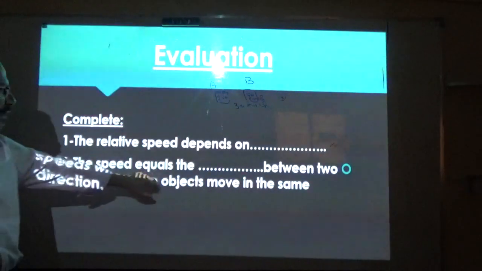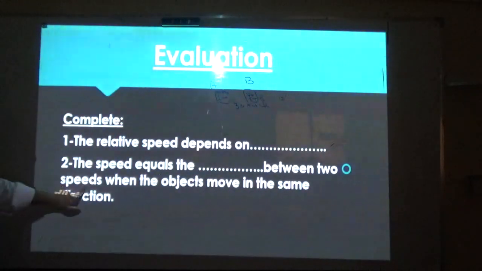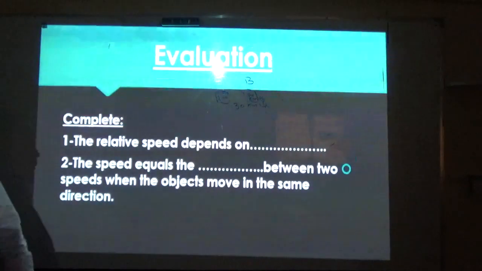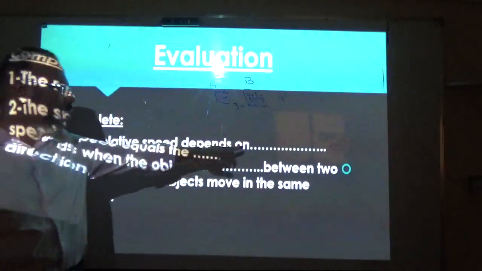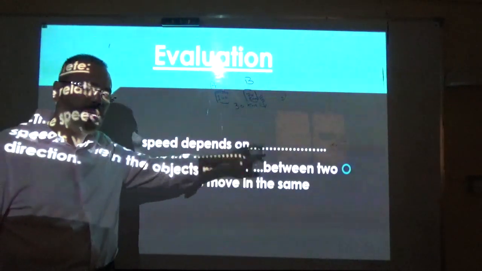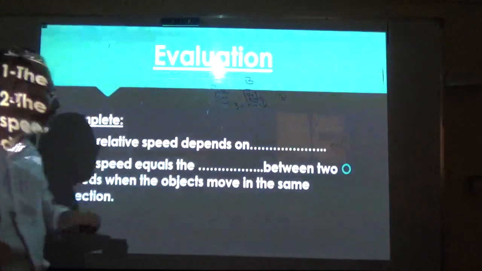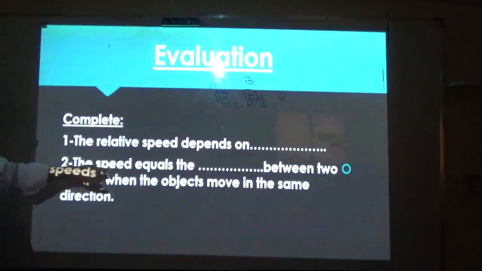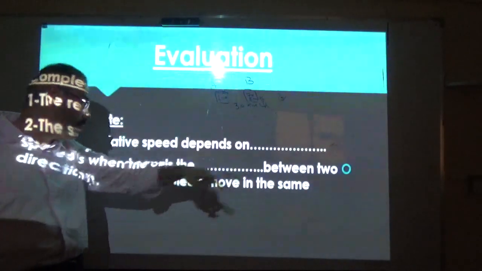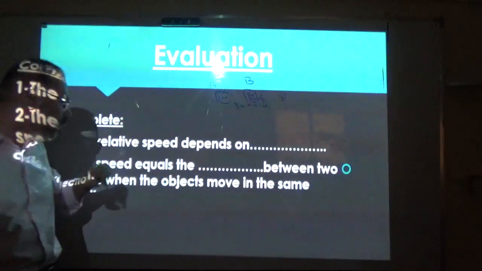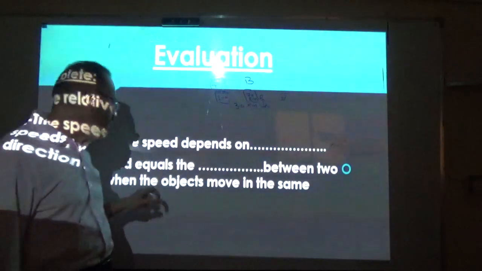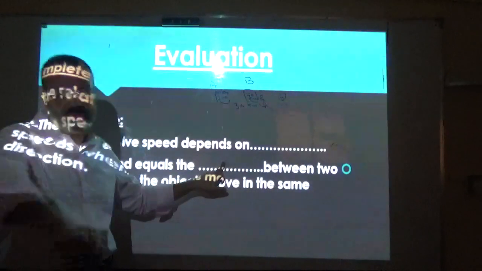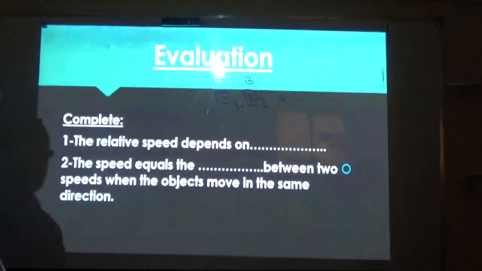Number two, the speed equals the difference between the two speeds when the objects move in the same direction. In the same direction, that means the speed equals the difference between the two speeds.